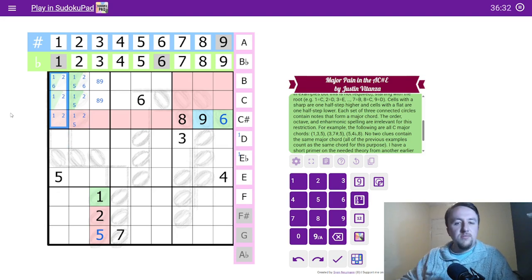I feel like there's probably a clean way of looking at this. But yeah, I think 135 is possible because then we can use any sharps and flats we like over here.